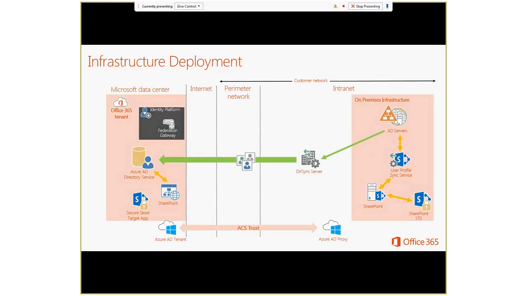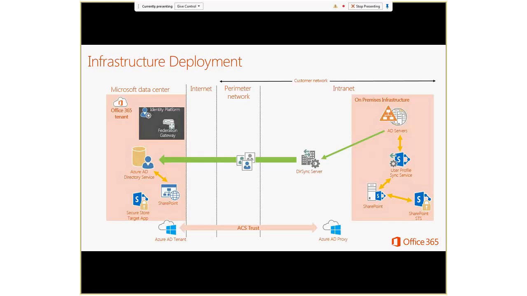The second important step is to build an ACS trust between the Azure AD tenant, and we create a proxy in the SharePoint on-premises environment. Basically, this serves as a trust broker and facilitates the server-to-server connectivity.